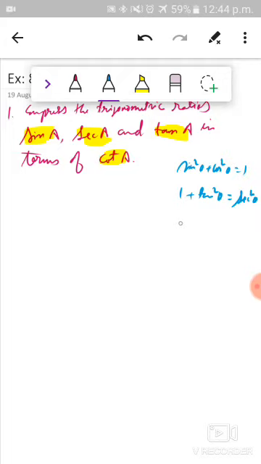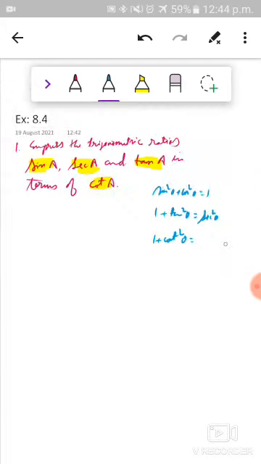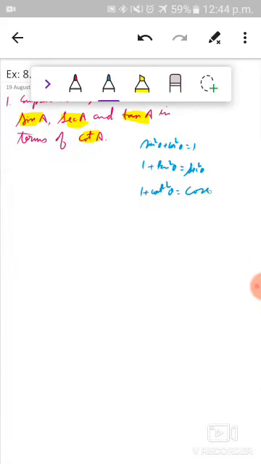And 1 plus cot square theta is equal to cosec square theta. Now if I take this identity, cosec is the reciprocal of sine and cot is here also. So to change sine into cot A, I'll use this.